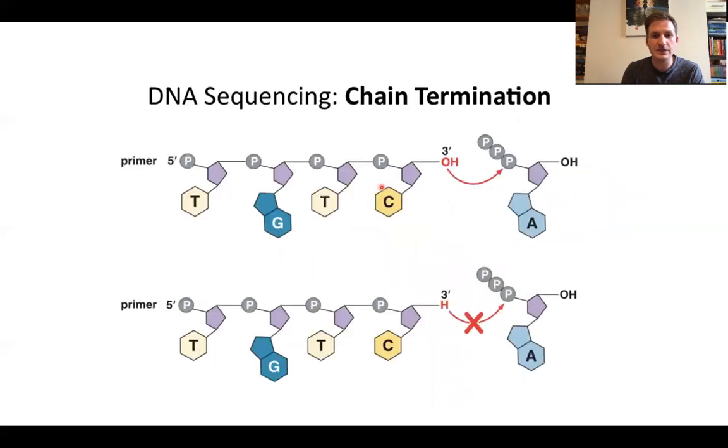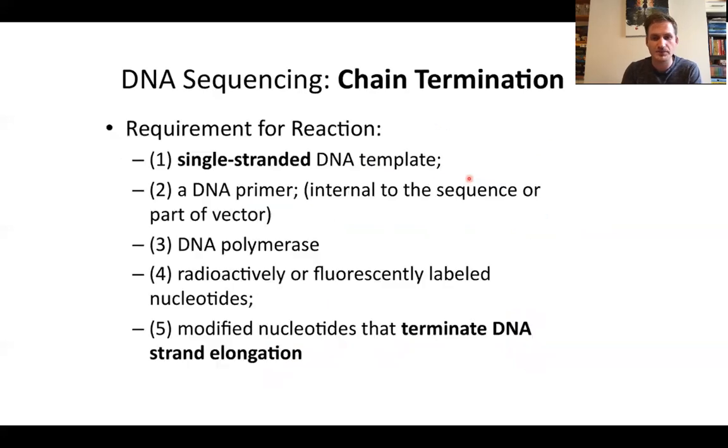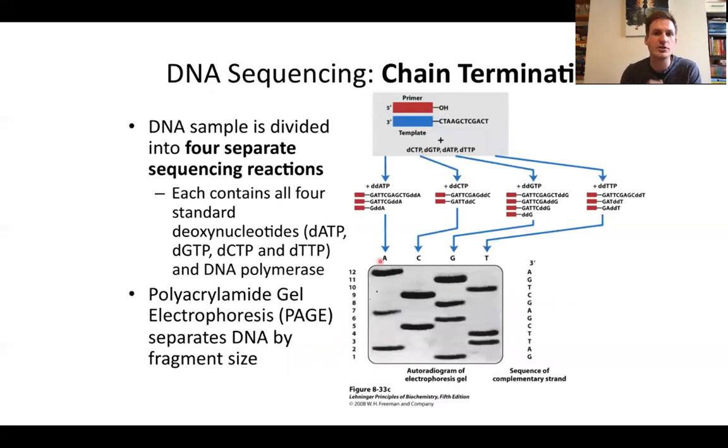So this is adenine, a base that has a hydrogen at its 3' end, as opposed to normal DNA, which has a hydroxyl group there, or an OH. So that will cause a chain termination. Any replicating DNA strands that incorporate that base as their final base will just stop. So it will create a band at that position.